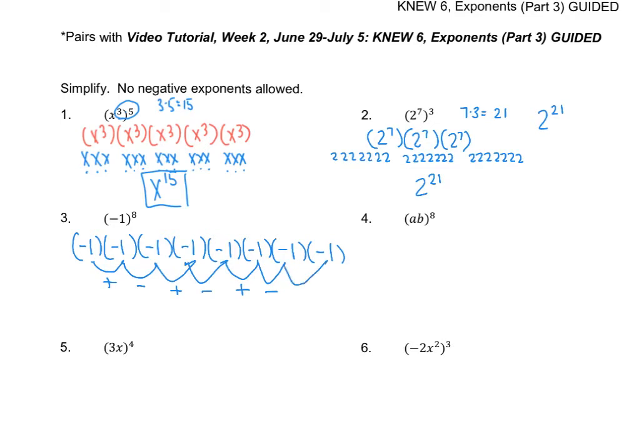Times another negative will be a positive. So if you multiply a negative by an even power, the answer will be a positive. If your power is an odd, your answer will be a negative. So your answer here is positive 1.